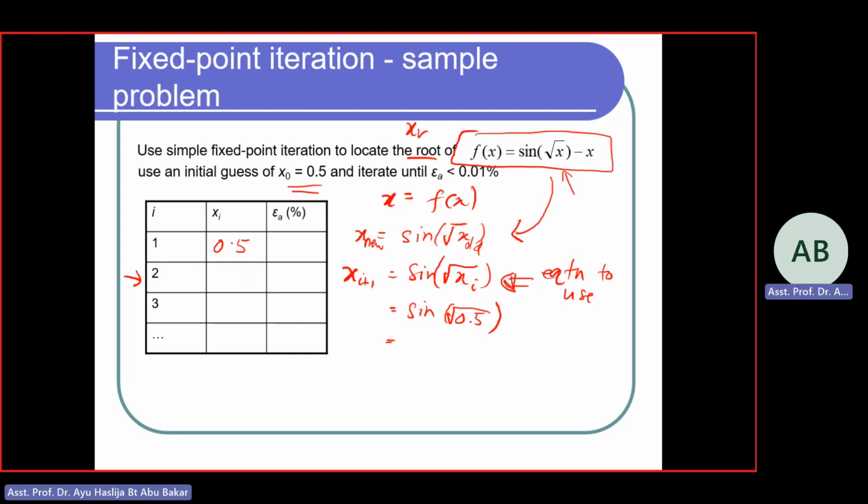So you will get 0.6496. Remember, it is sine in bracket of the square root of 0.5, not square root of sine 0.5. Different things.